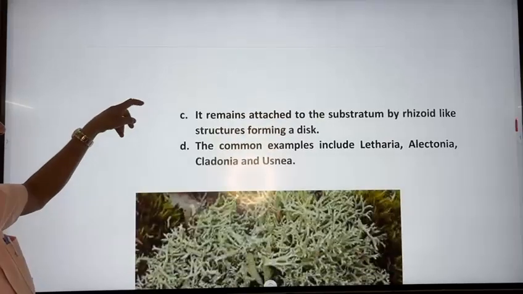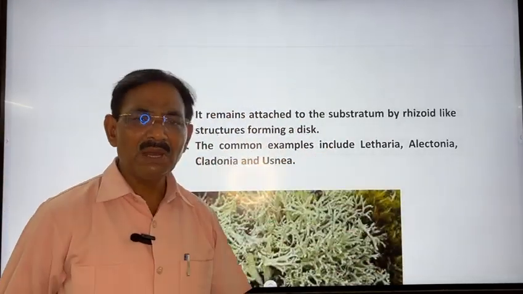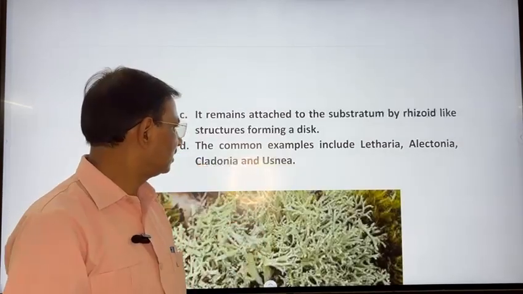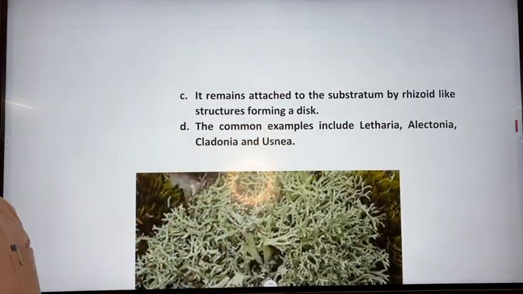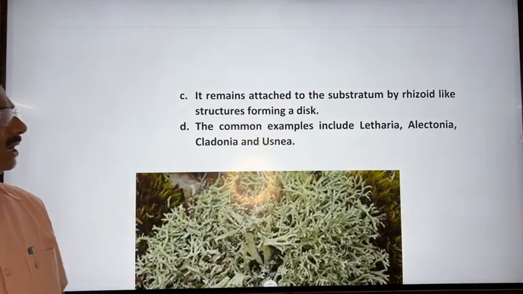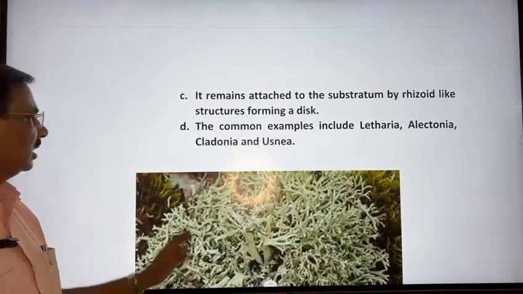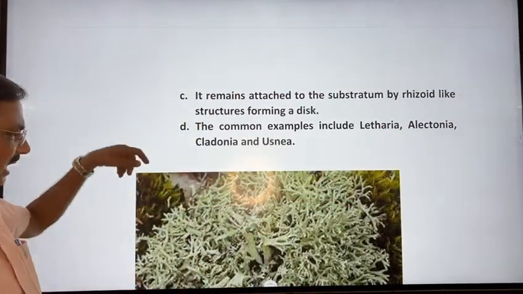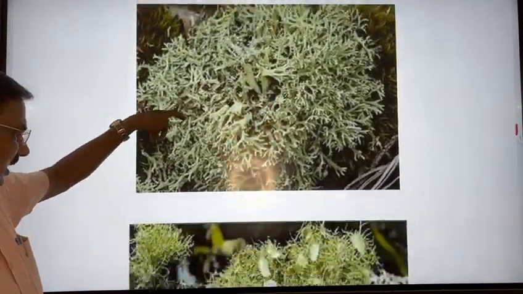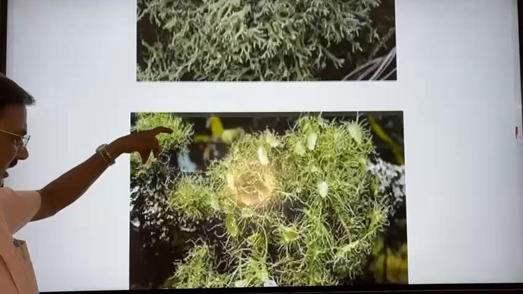Here, it remains attached to the substratum by means of rhizoid-like structures which form a disc. Common examples of these lichens include Netheria, Acetonia, Cladonia, and Usnea. These are the fruticose lichens.